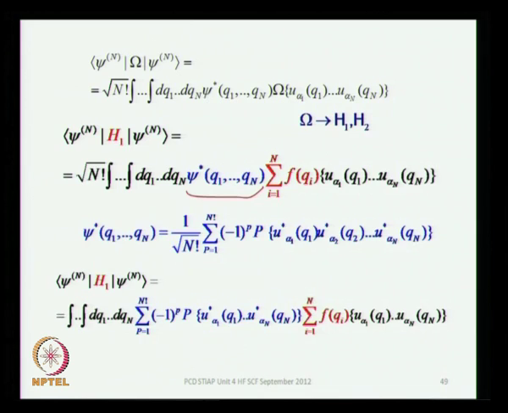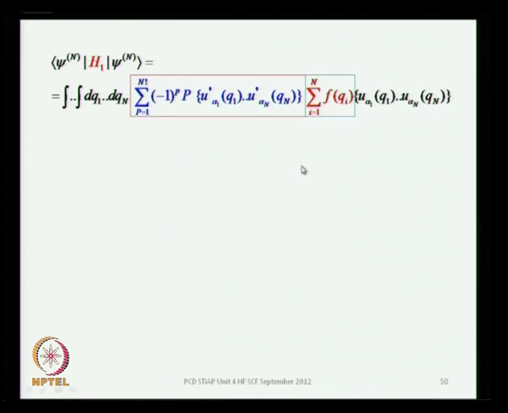Now let us bring it up to the top of the next slide, which is here, and you recognize the different pieces in the integrand, right. This is the psi star, this is the operator omega which is H1, and this is the product of diagonal elements in this later determinant.